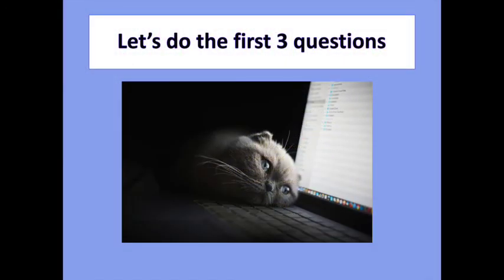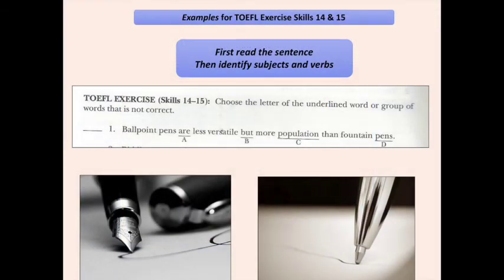Let's do the first 3 examples together. Number 1. Ballpoint pens are less versatile but more population than fountain pens. Okay, let's identify the subjects and verbs and then look for parallel structure.